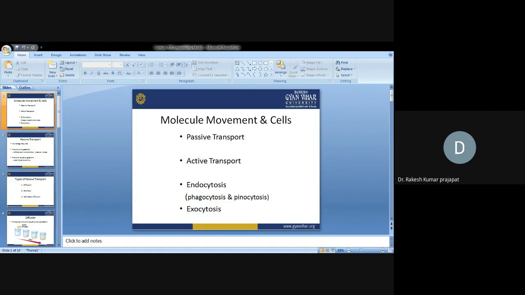In bucket B, solute concentration is high, so the free water molecules are fewer compared to A. So water can move from bucket A to bucket B, because bucket A has a large number of free water molecules.